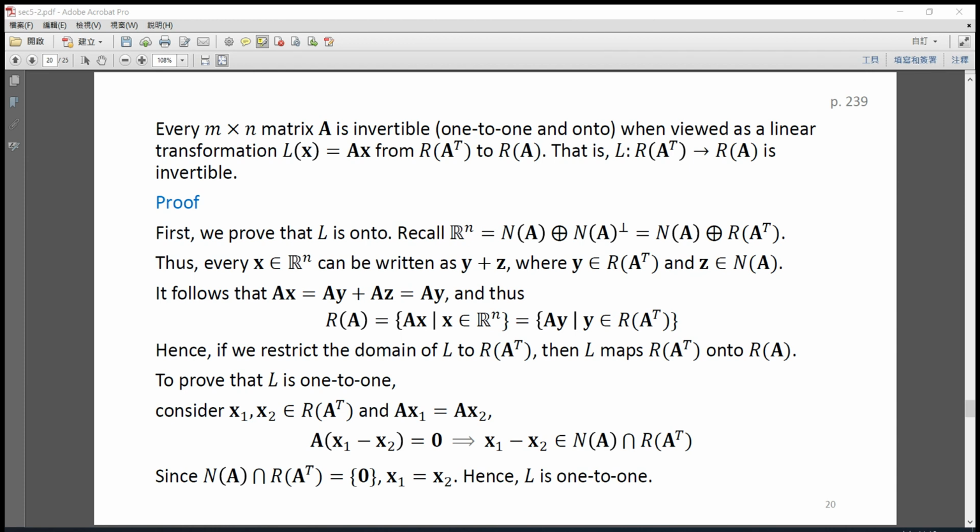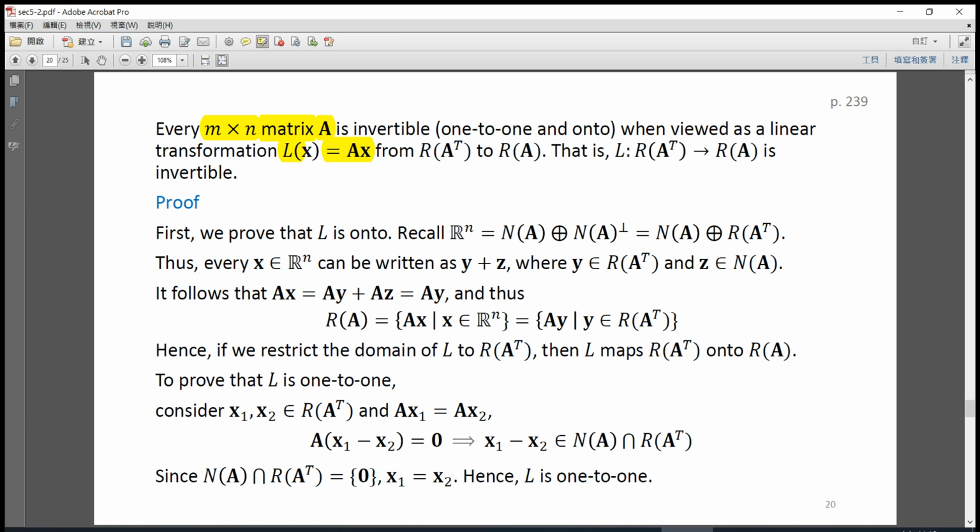In this slide, we will prove the final remark in this section. Given a matrix A of dimension m times n, we can define a linear transformation L of x as Ax. Then L is a mapping from Rn to Rm.